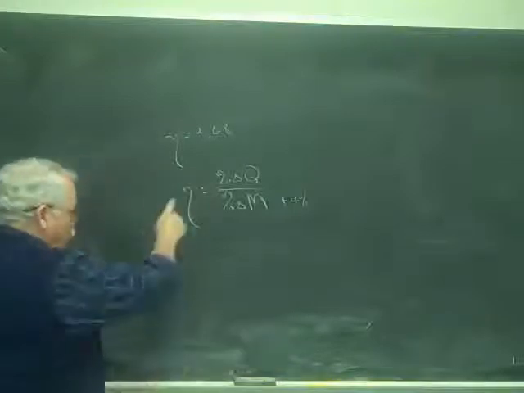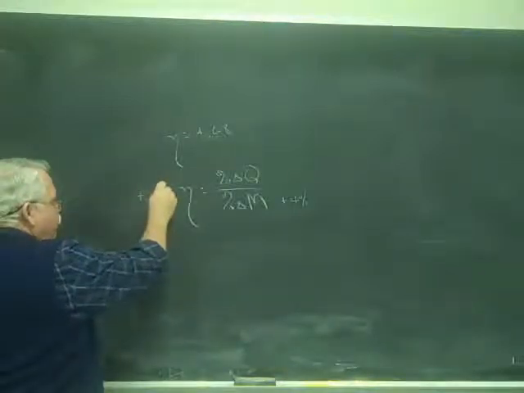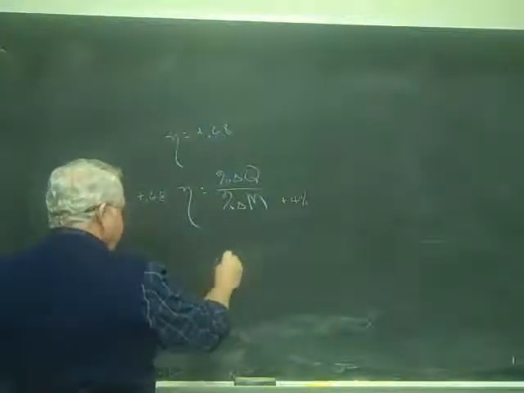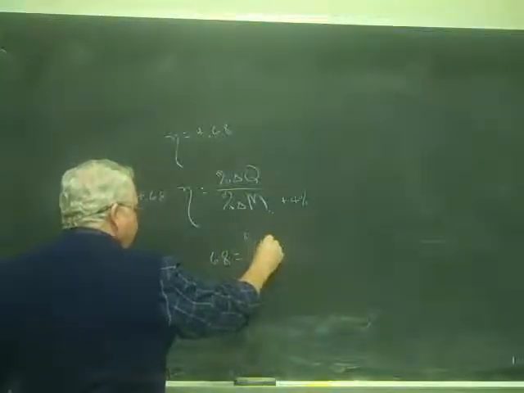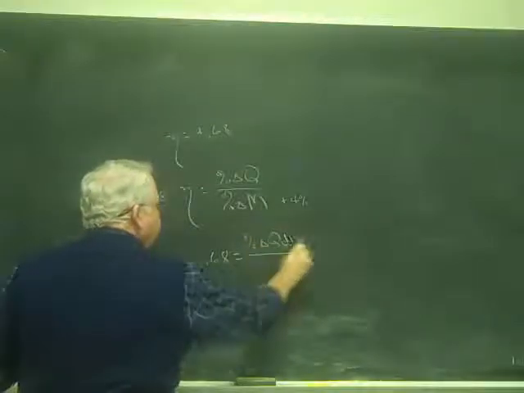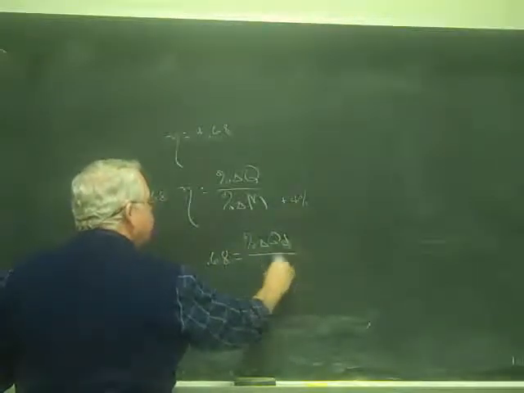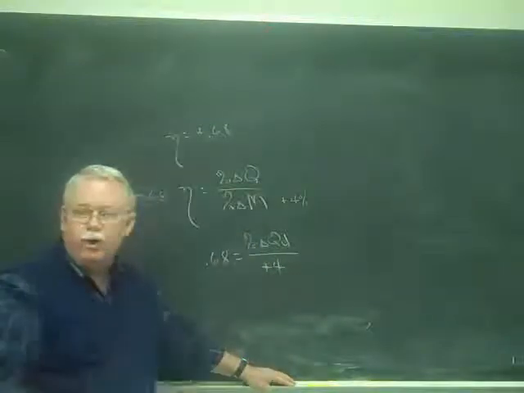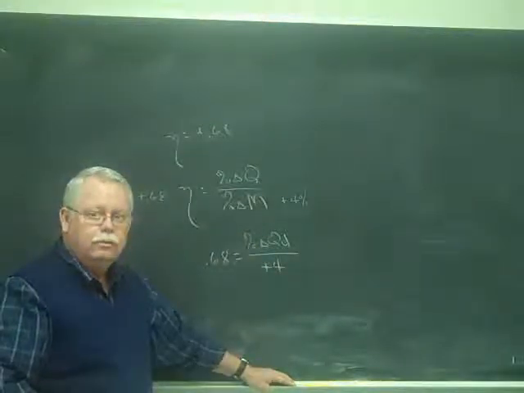It's going to increase sales. We know this is positive 0.68. So 0.68 equals the change in sales we're going to experience divided by the change in income, which is a positive 4. I'm just going to write 4 as a whole number. You can write 0.04 if you like decimal points. It's the same thing.